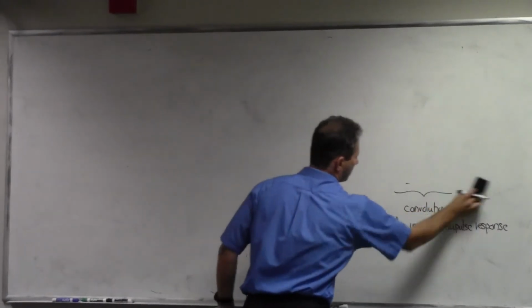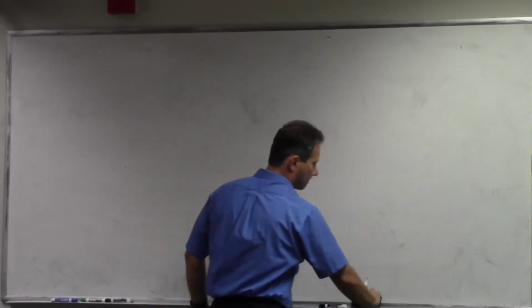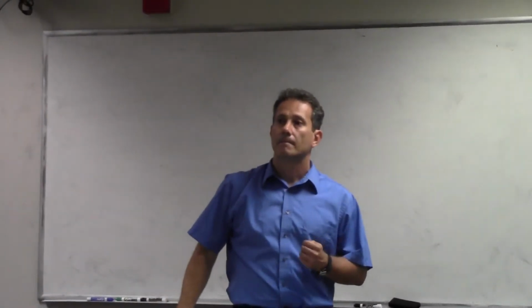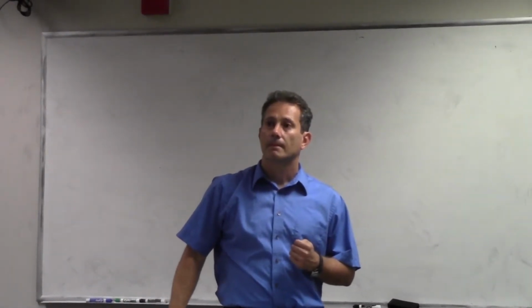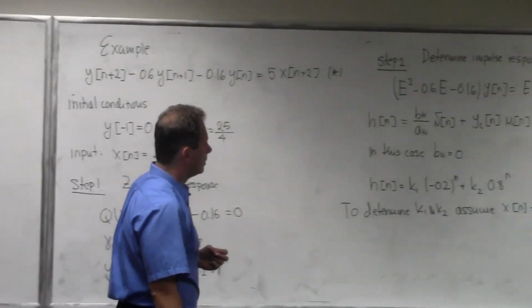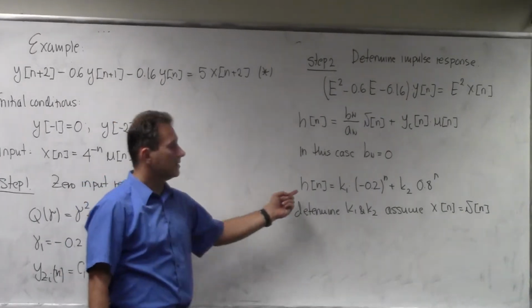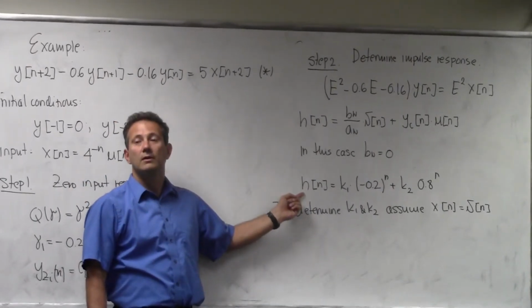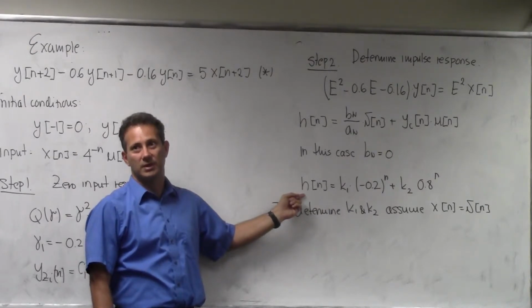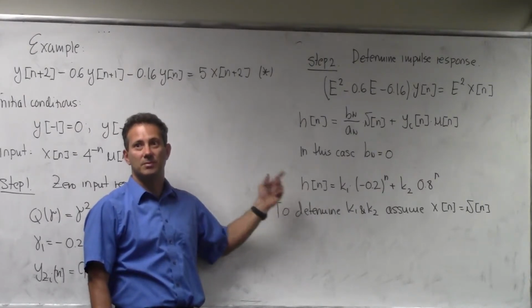Excuse me, sir. Before assuming x of n equal to delta n, what did you think? Why did you take only delta n? Why not x of n equal to u of n or 0? You can. What was at the back of the mind? What is h of n? Impulse response. So what is the input that I need to put? Impulse, right? This is not the step response, it's the impulse response.